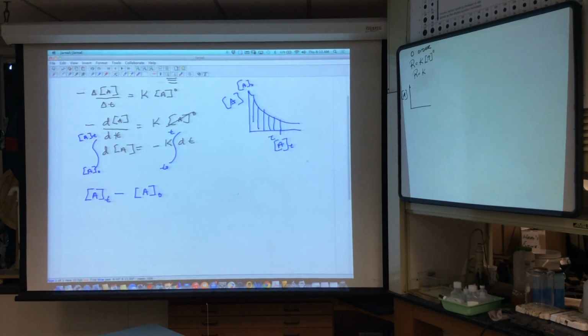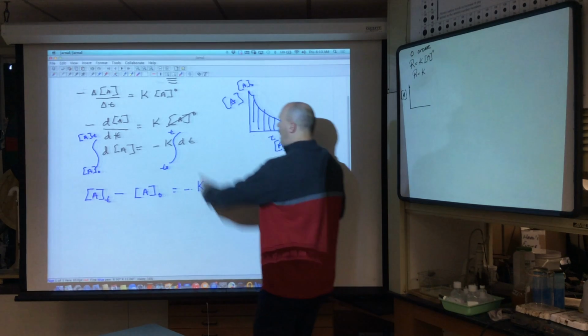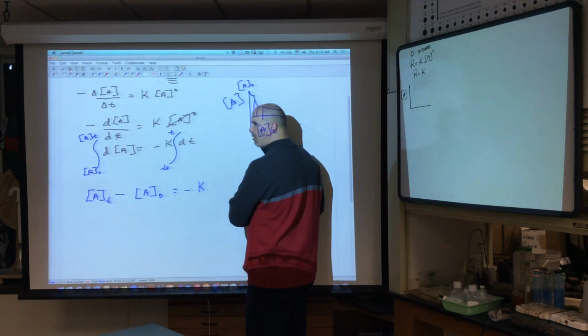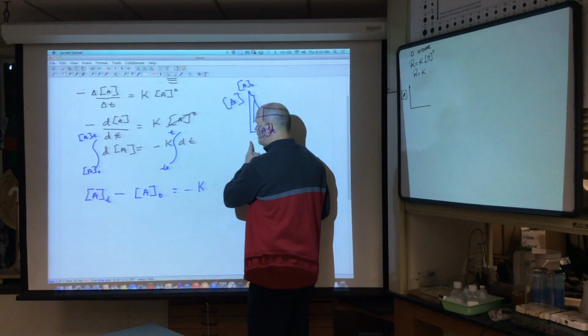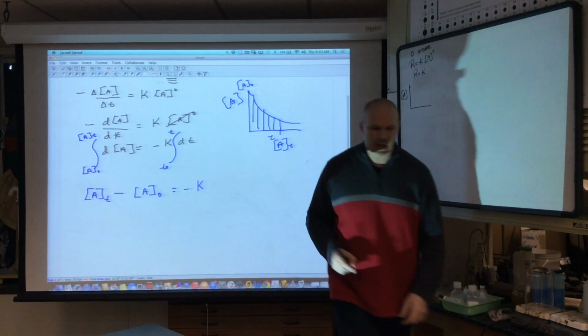Now what do we get? Equals, we still get negative k because that's not in the integral, it hasn't been made a differential derivative, and you would get the same thing. You would get time minus time 0, but since time 0 is going to be 0, it's just time, so it's just kt.